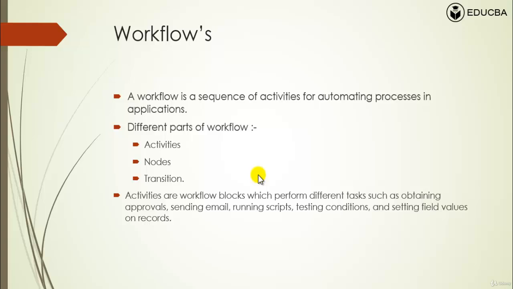The workflow is also doing the same thing. A sequence of activities like incident creation, approval from the manager, notifying them through email. These are all a sequence of activities happening, and these are automated. That's why a workflow is nothing but a sequence of activities for automating the process in applications.